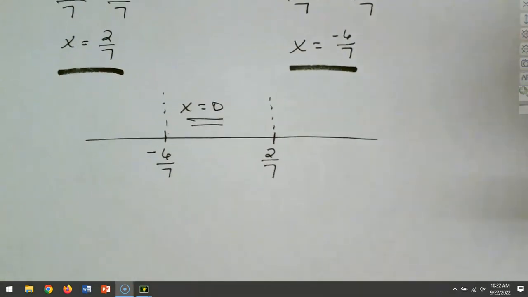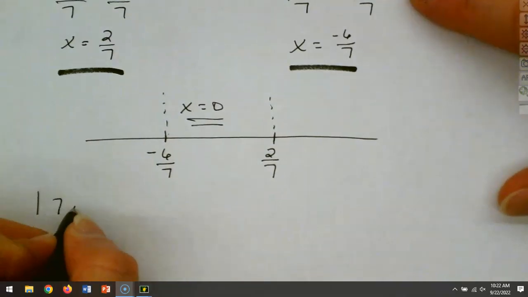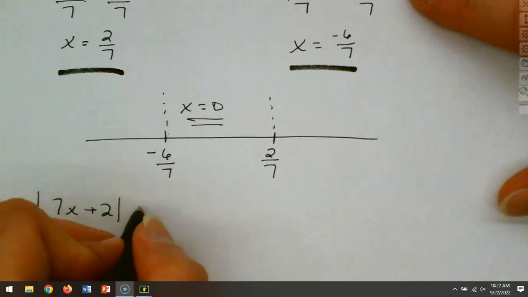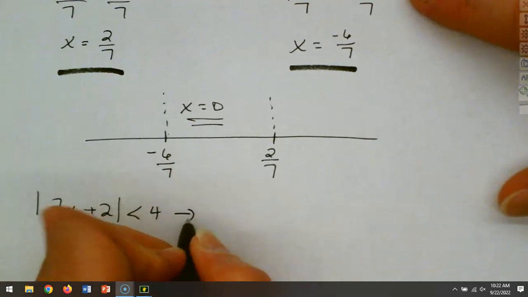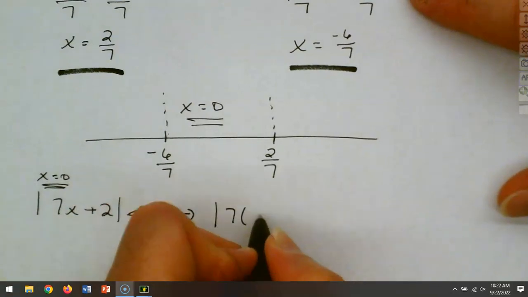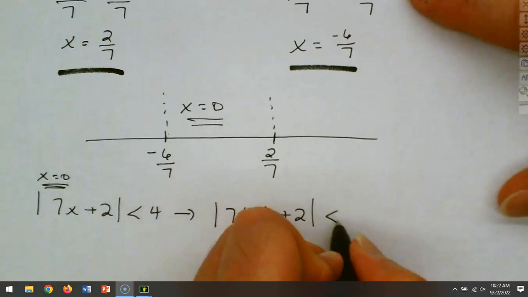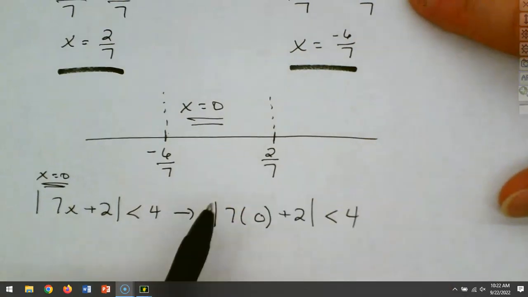Now we check it. So we're going to plug 0 into 7x plus 2 is less than 4. So we plug our 0 in. So 7 times 0 is 0.